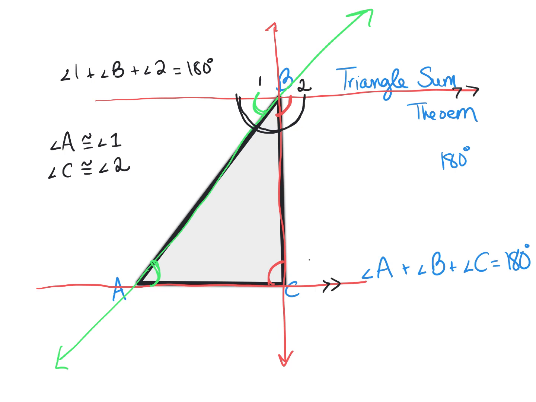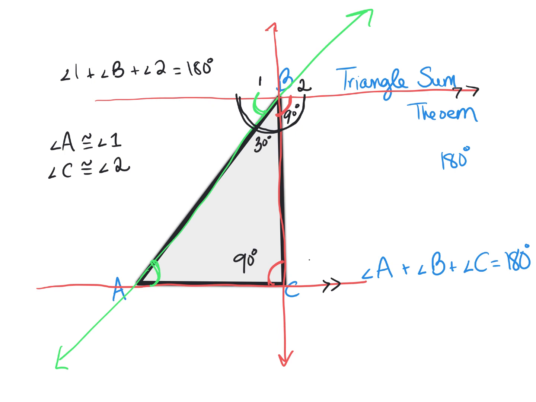So if, let's say, angle C is 90 degrees, then that means angle 2 is also 90 degrees, okay? And if, let's say, angle B is 30 degrees.